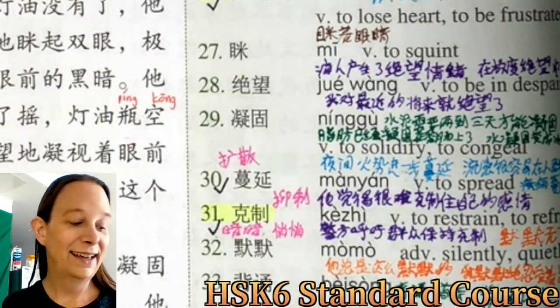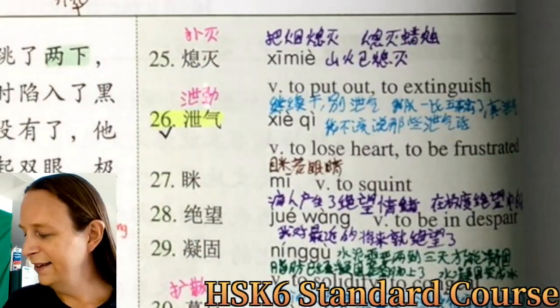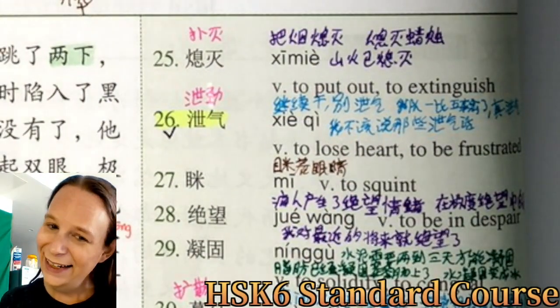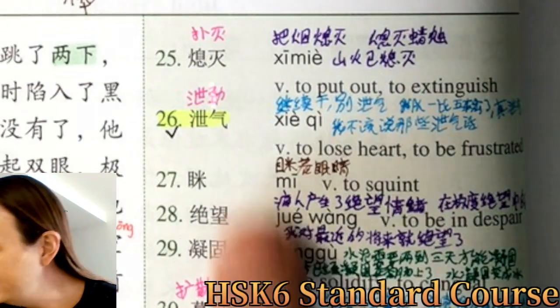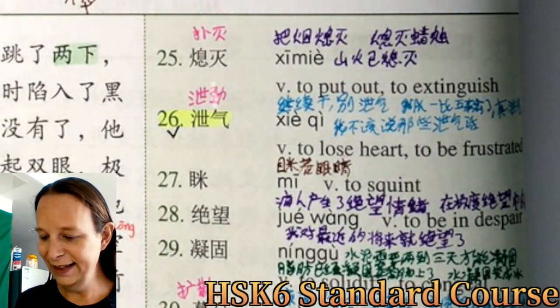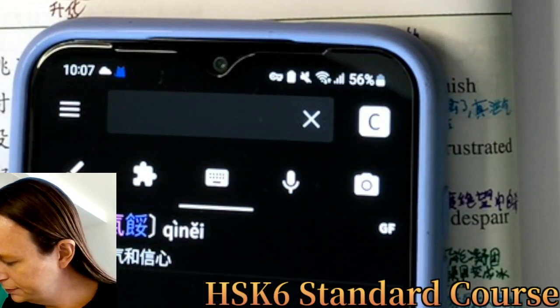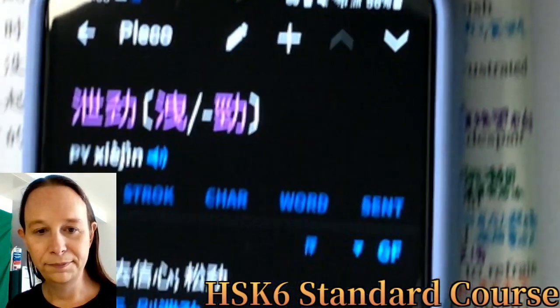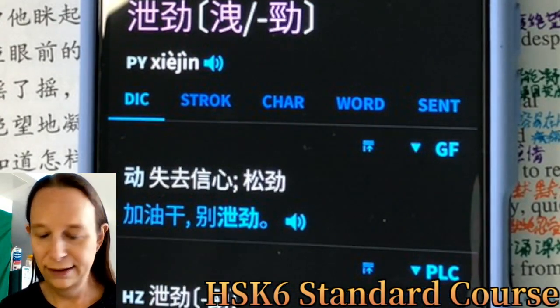There are others. I just can't think of any other synonyms. It's a verb, but Chinese verbjectives are kind of in between. Oh, here we are. 泄劲. That looks like a synonym. 失去信心, 松劲.